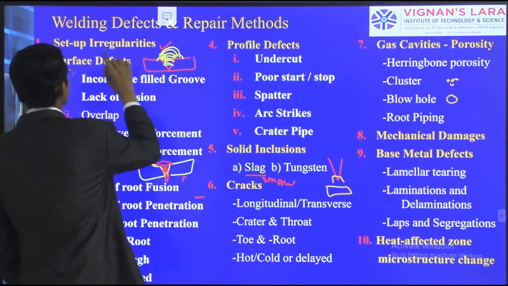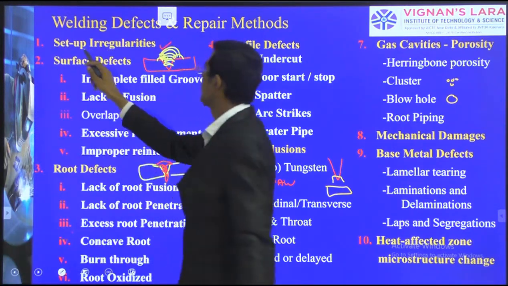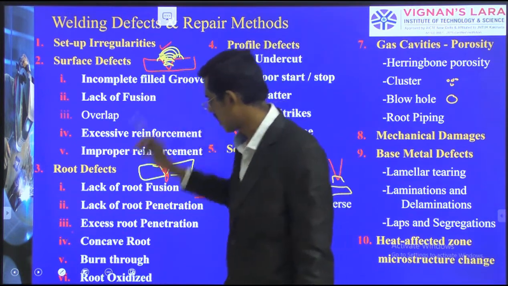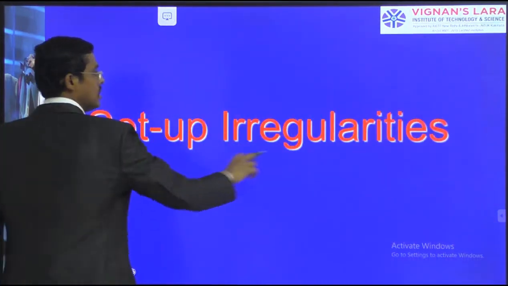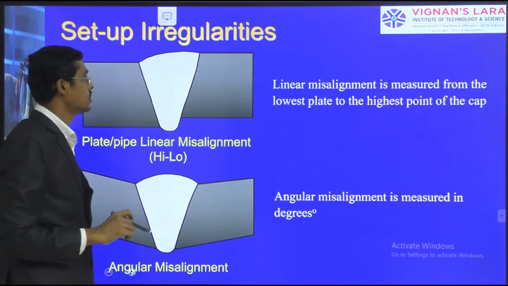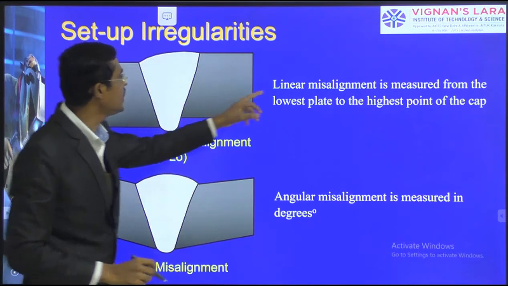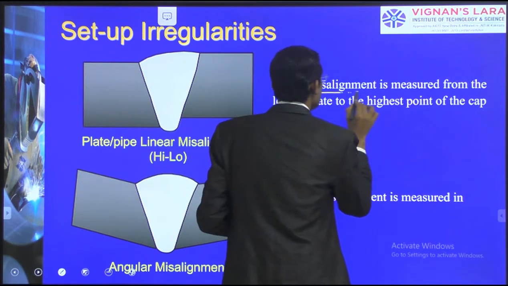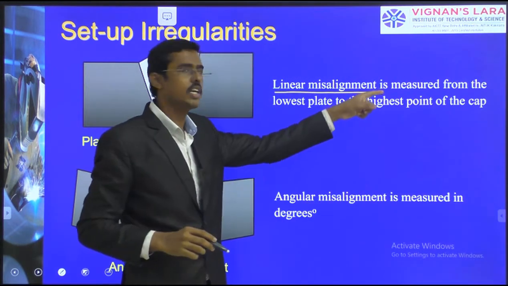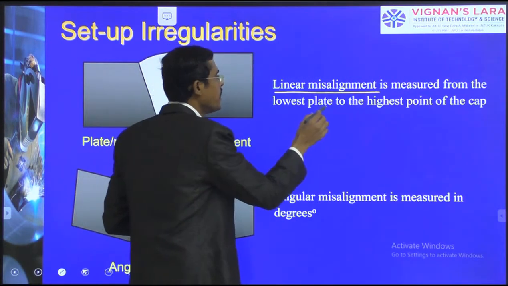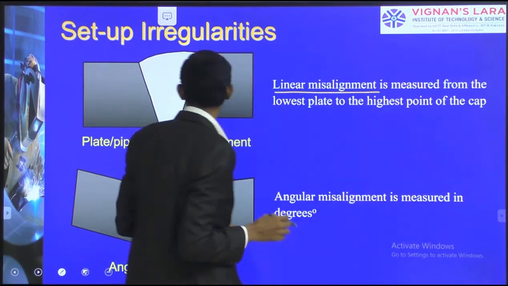First I am starting with setup irregularities. You see, here it is a linear misalignment. It is measured from the lowest plate to the highest point of the gap.